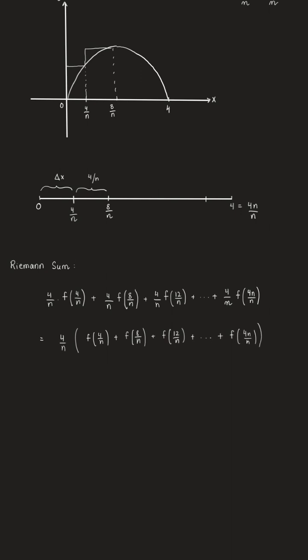And now we need some way to write a sum in a very condensed way, because ultimately I would like this to be an expression in terms of n, in terms of the number of subintervals. If we can do that, then we're going to be able to take a limit as n goes to infinity and find the exact area between the curve and the x-axis. So that's where we're headed. We're going to use sigma notation to be able to write this sum as an expression in terms of n.